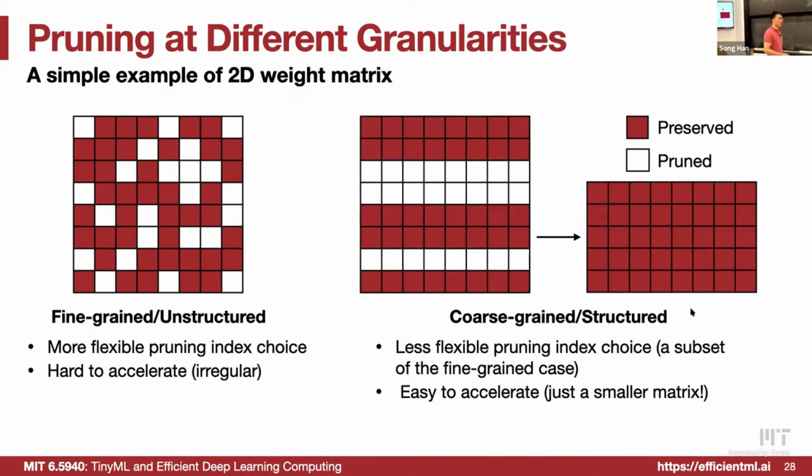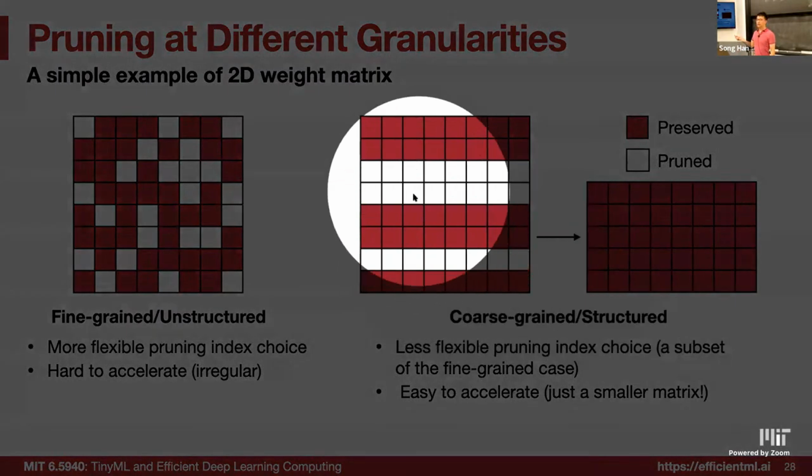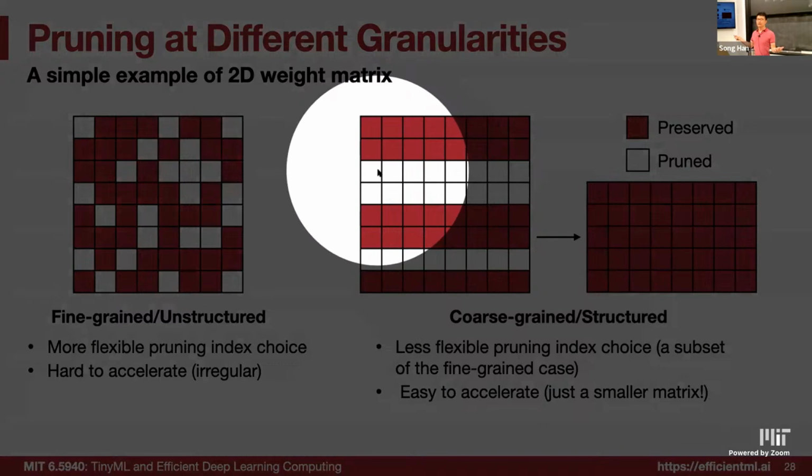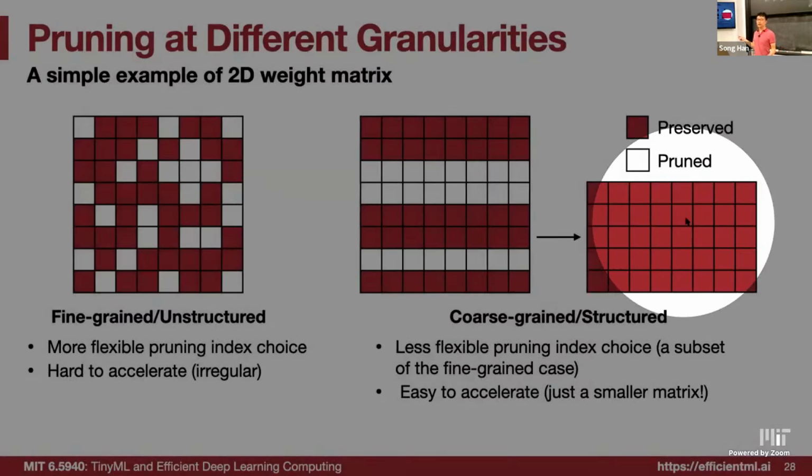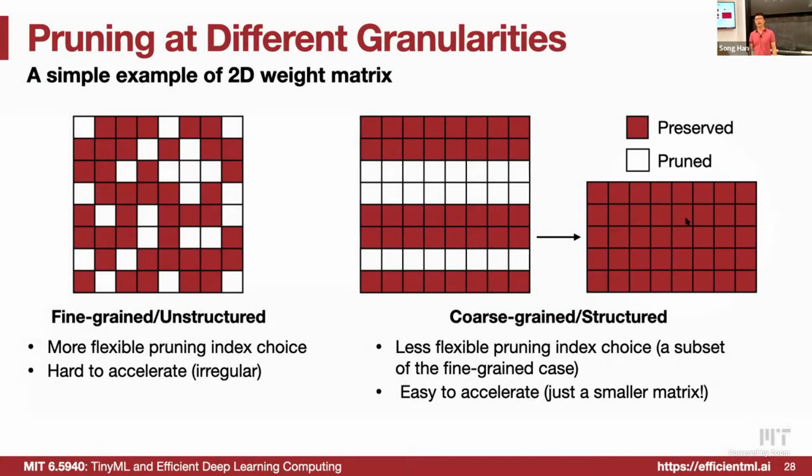In contrast, we can also do coarse-grained pruning. In this case, we are pruning the entire row. We are pruning the third row, the fourth row, and another row. We prune three rows in the middle. What is good about that? We can condense it into a dense matrix and still apply dense matrix multiplication to do the arithmetic.